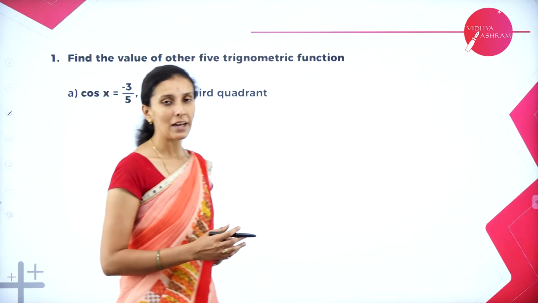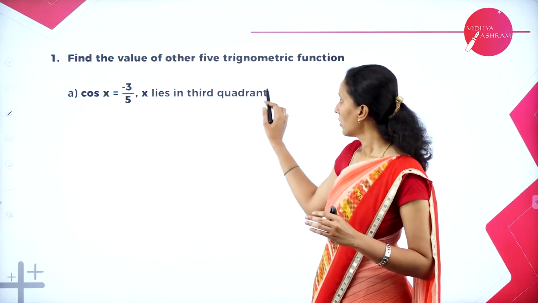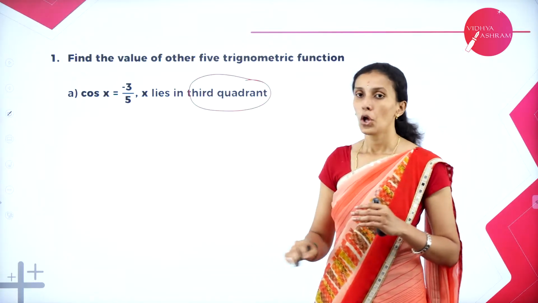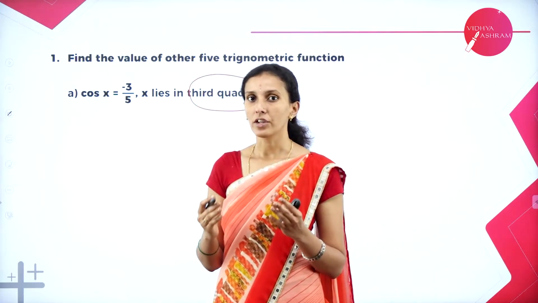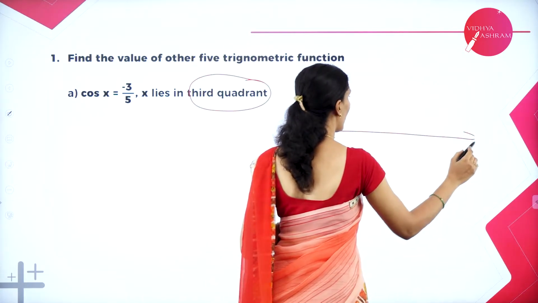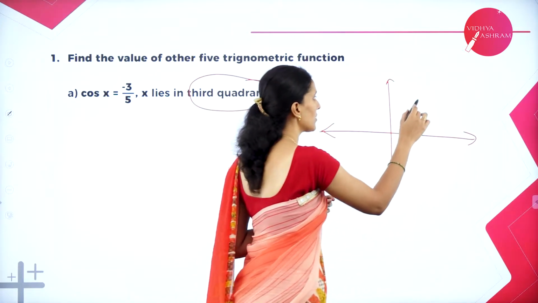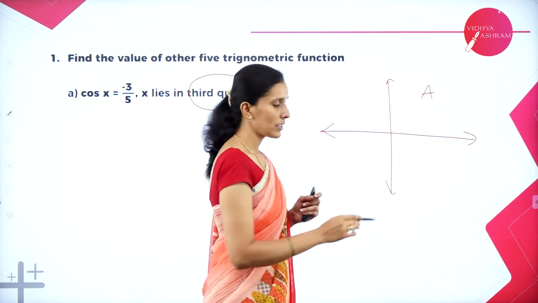To find the values of the other 5 trigonometric functions, the concept of the quadrants where each trigonometric function is positive must be very clear. So I'll write all the quadrants here. We know in the first quadrant, all are positive.